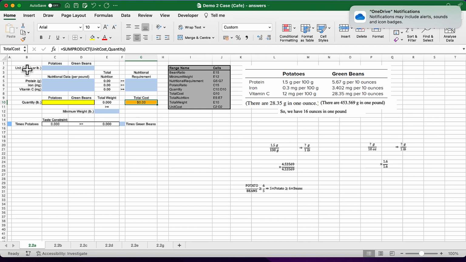pound. So just a gentle reminder that I'm using pound as the baseline weight for comparison, and to ensure consistency, you have to make sure that the nutritional benefit coming from each of the commodities in terms of protein, iron, vitamin has to be measured from the baseline weight, which is the pound.